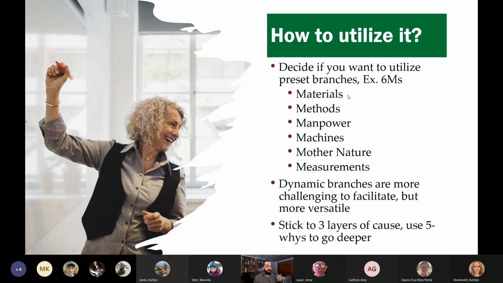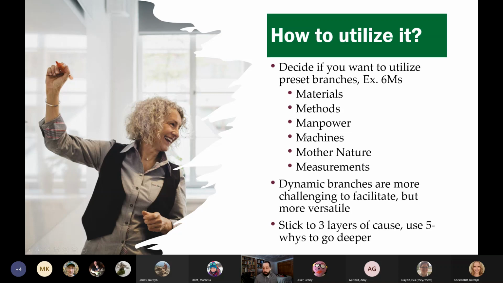So there's problems with the materials, there's a problem with the process, so then we're talking methods. There's a human element to the problem, that's manpower. It's a technology hurdle, there are machines involved. If there's Mother Nature, there's a natural cause to that. Or measurements, where we're not even getting an accurate reflection of what the problem is because we can't get good data on it. These are all things that can be true at once about a problem.